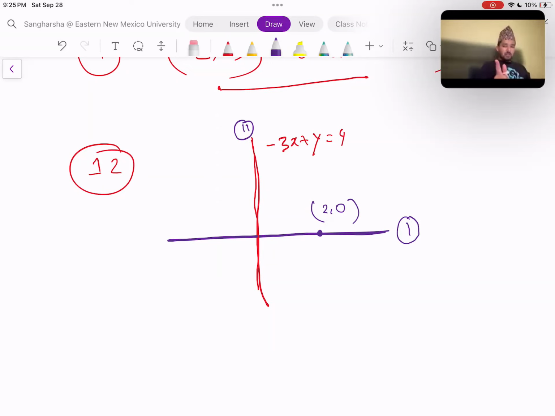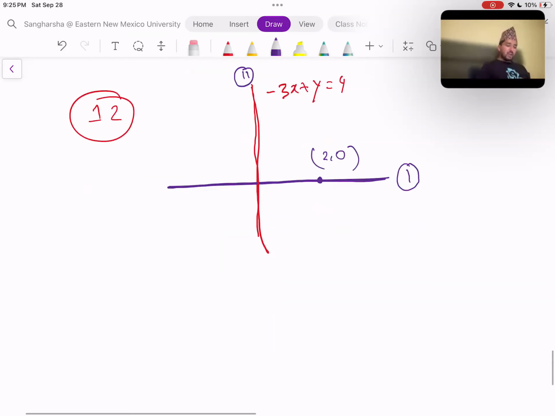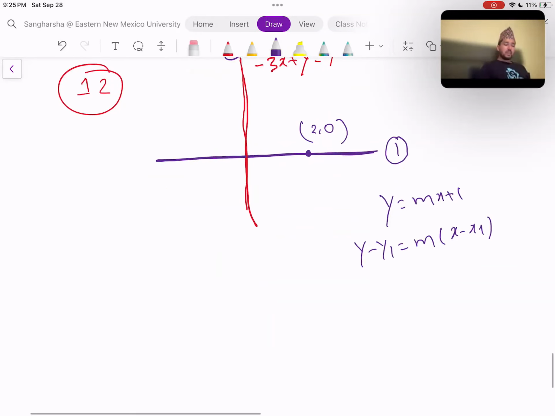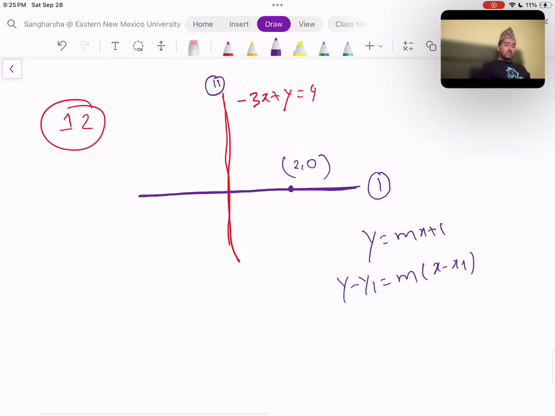As I said earlier, if you are finding the equation of a line, you have two options: y equals mx plus c, and y minus y1 equals m times x minus x1. For both cases, we need to know the slope of the line. Is the slope of line 1 given to us?